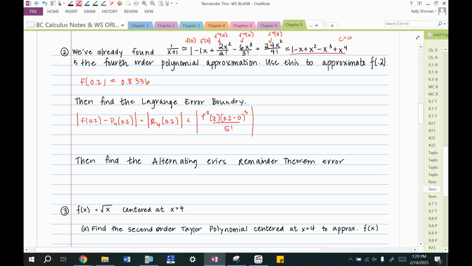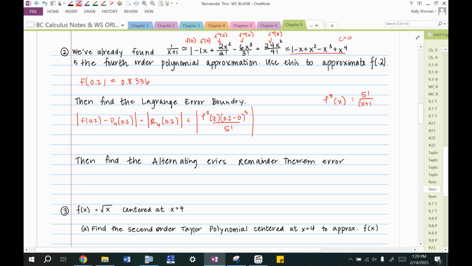These are factorials on top. 24 is 4 factorial, 6 is 3 factorial, 2 is 2 factorial. So the max f5 of x is going to come out to be 5 factorial over, what would it be? We would have had an x plus 1 to the fifth, right?